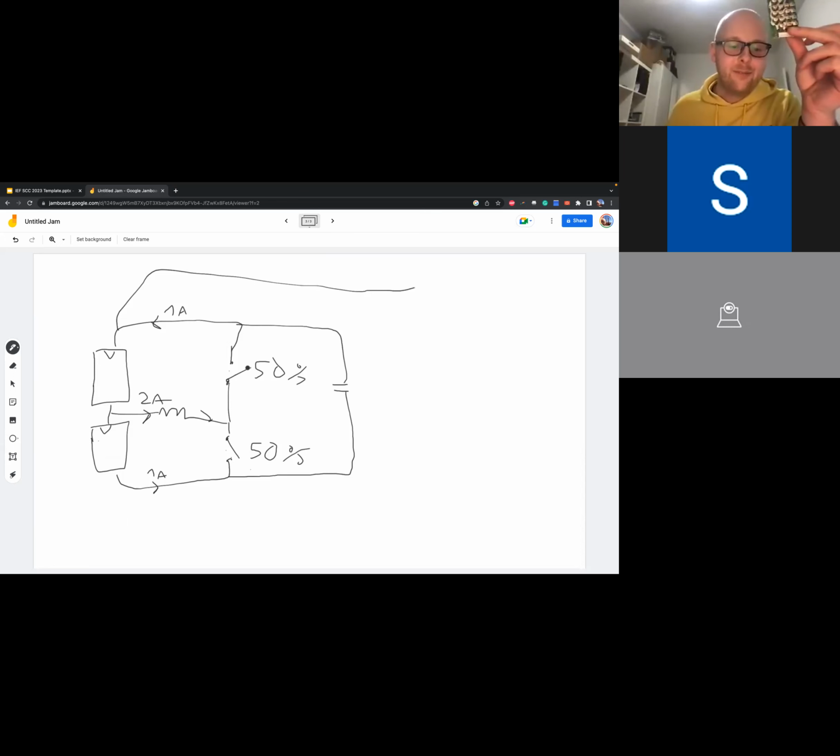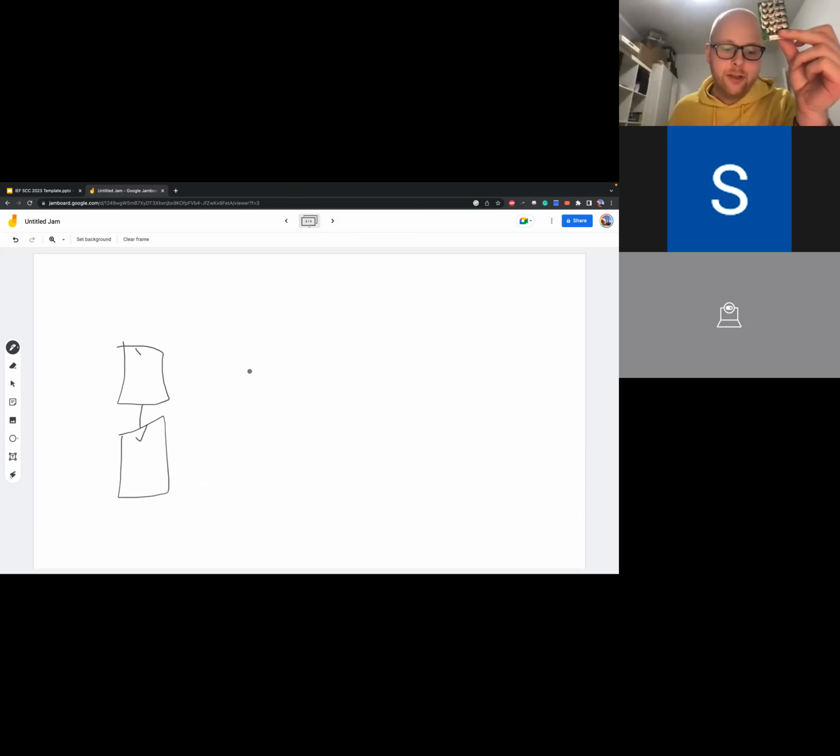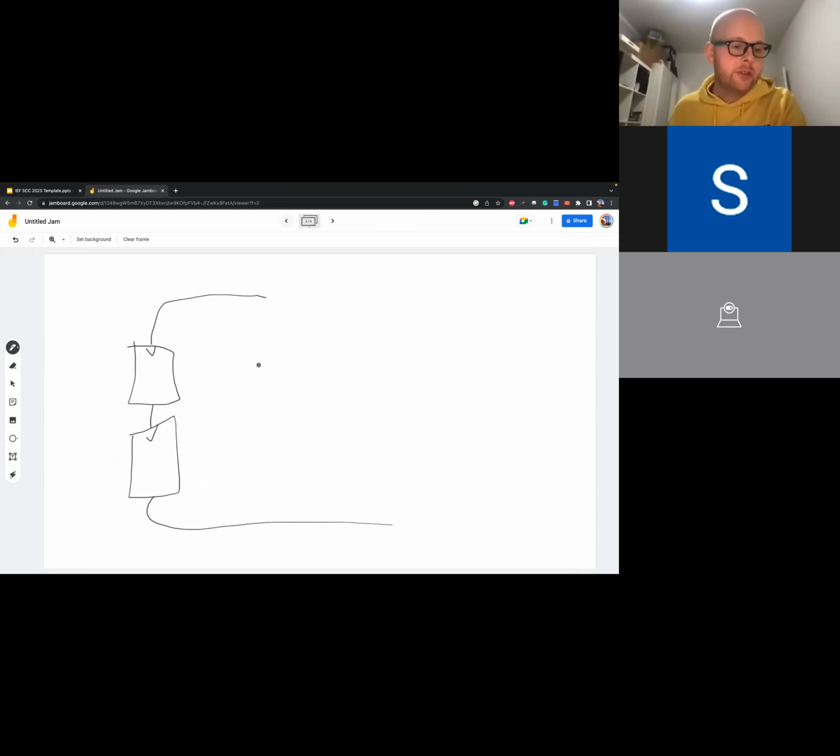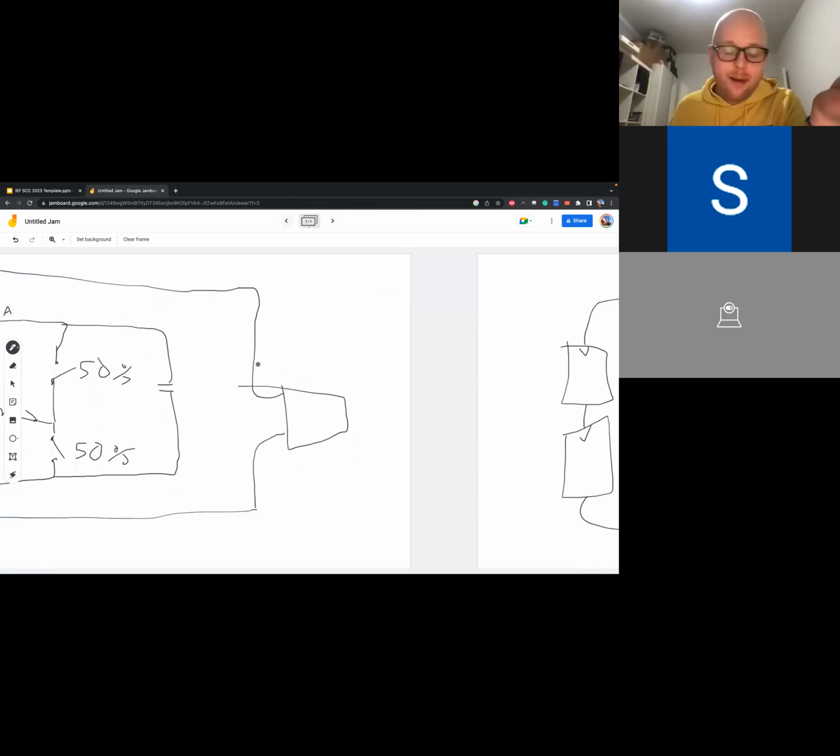How do the capacitive ones do it? Basically, you try to keep the voltage the same. Once the diode goes into conduction or something, the voltages are not the same anymore.